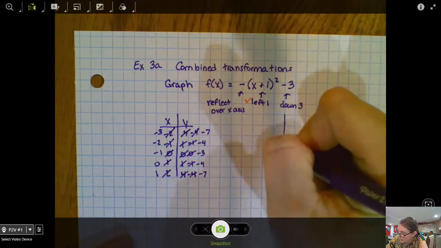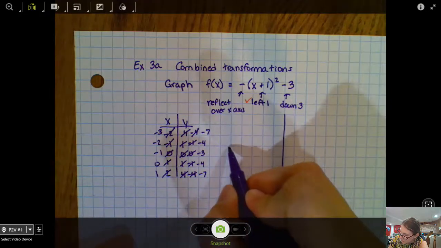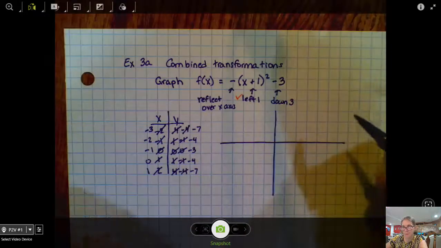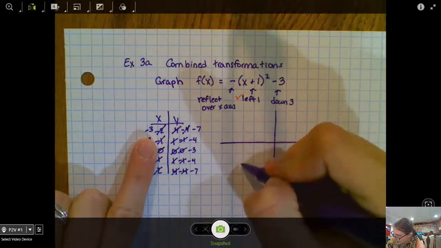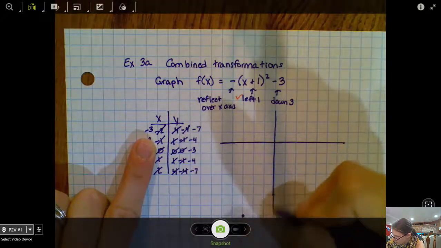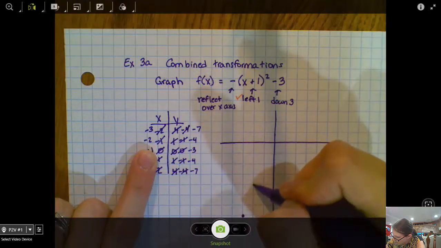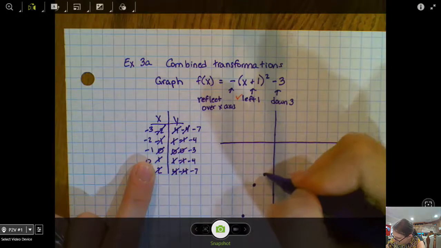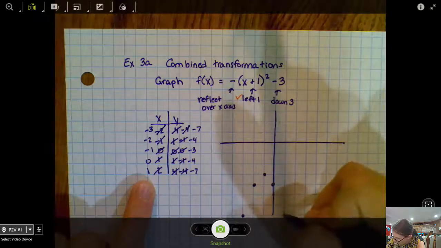Let's plot our points. We have -3, -7, -2, -4, -1, -3, 0, -4, and 1, -7.